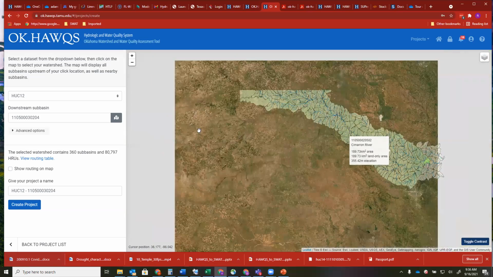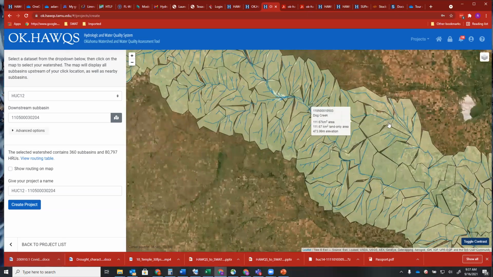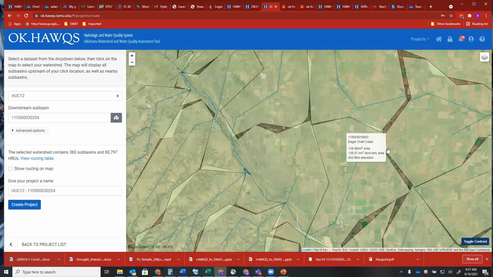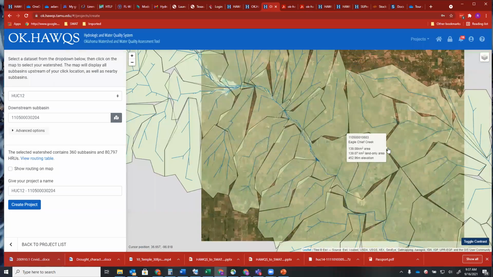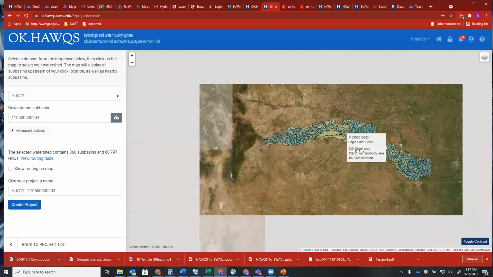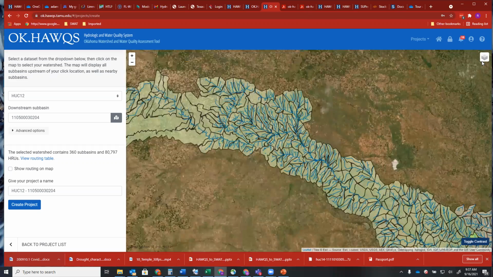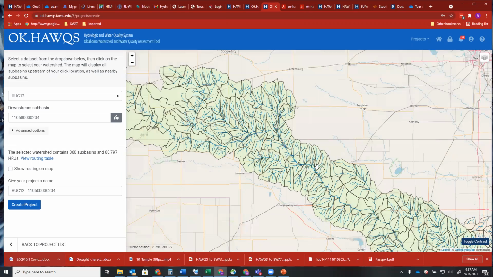You'll also see some gaps here. That's because it's a simplified polygon for fast refresh. But later, when you develop the model, you'll get the actual polygon, that shapefile, at much finer resolution than this. Let me go back to the default map.